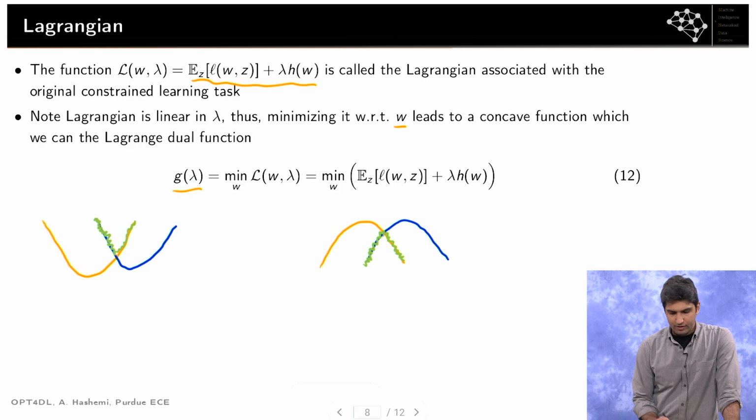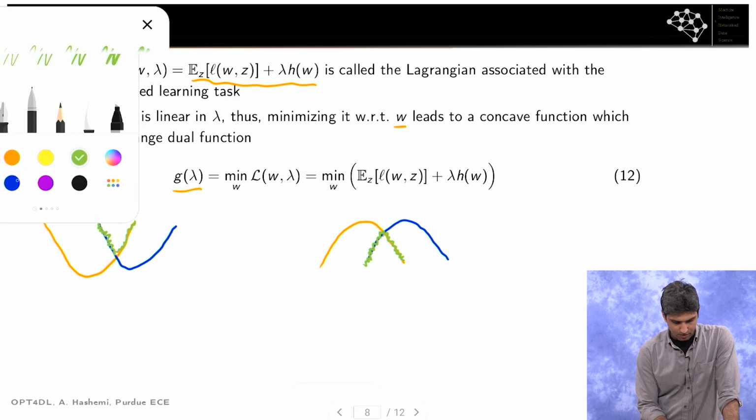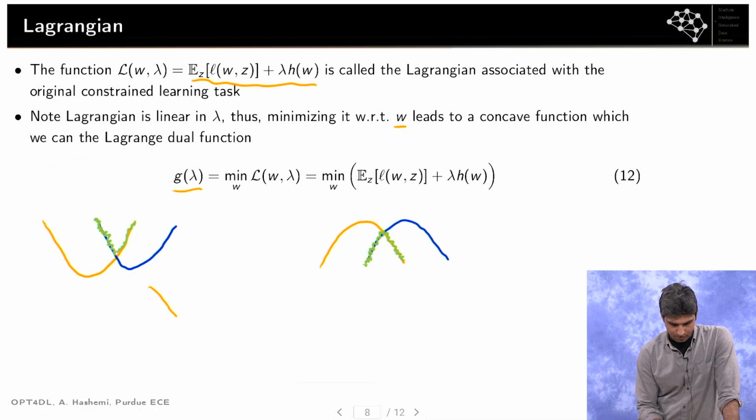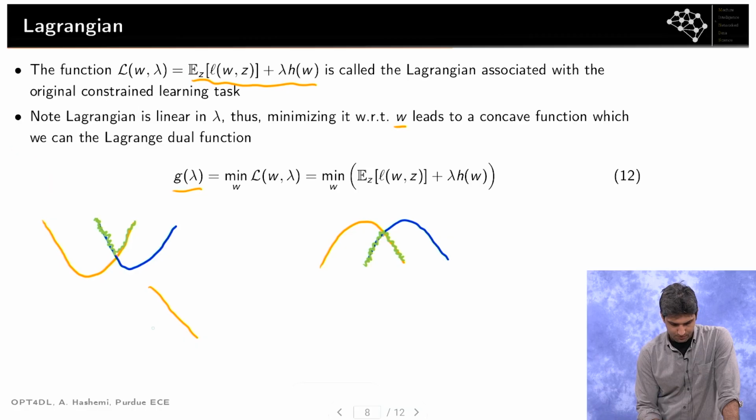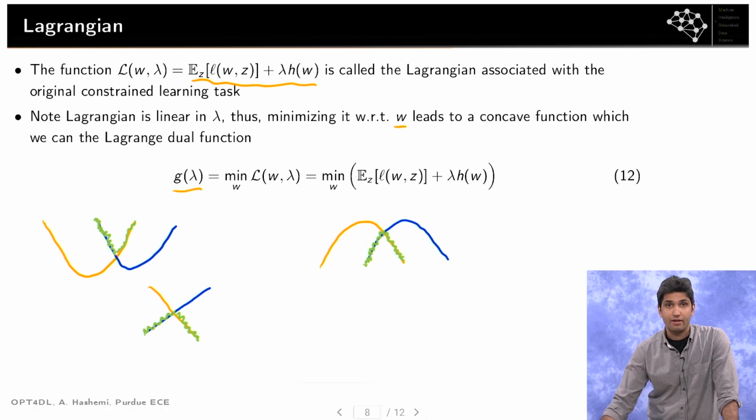So in this case, we have a linear function. The linear function is in some sense both convex and concave. So let's say I have one linear function here, I have another linear function here, and I'm asking you to find the minimum of the two. The minimum will be something like this, which, as you can see, is a concave function.